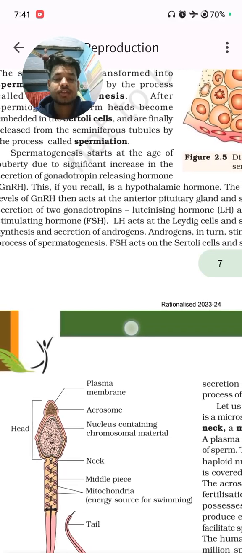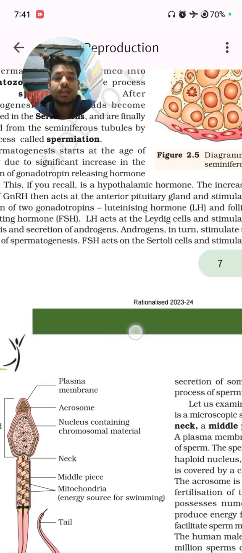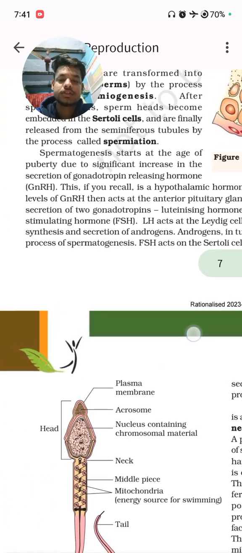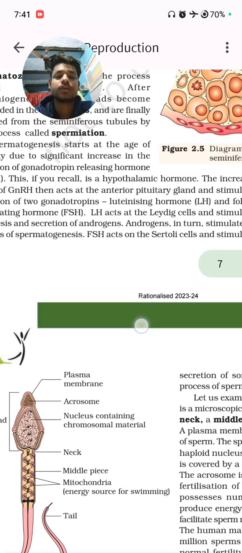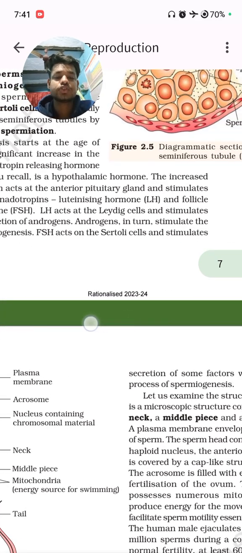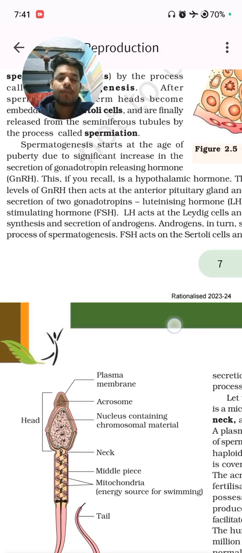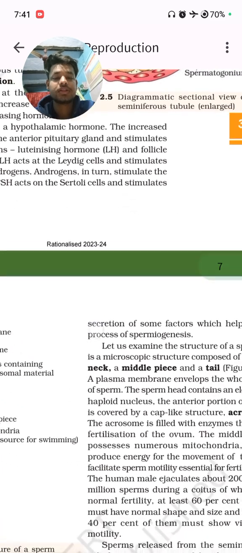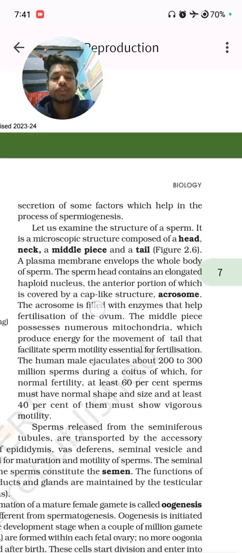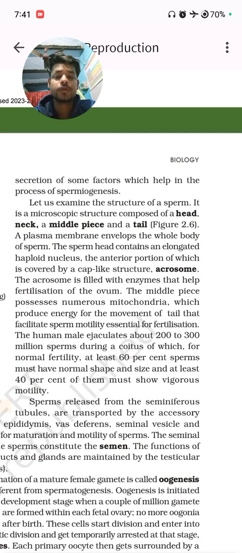LH acts on the Leydig cells and stimulates synthesis and secretion of androgens, and androgens in turn stimulate the process of spermatogenesis. FSH acts on the Sertoli cells and stimulates secretion of some factors which help in the process of spermiogenesis.